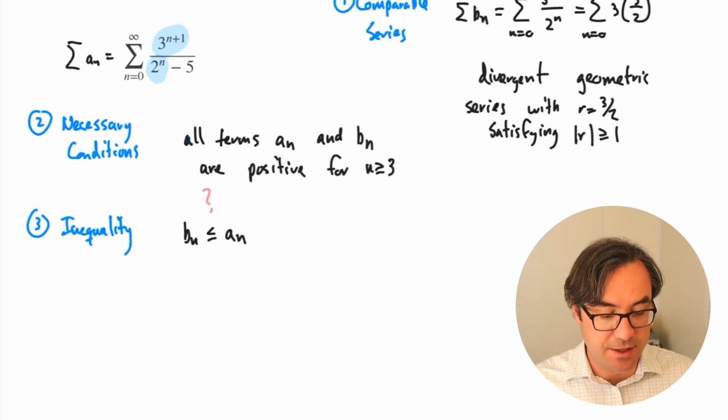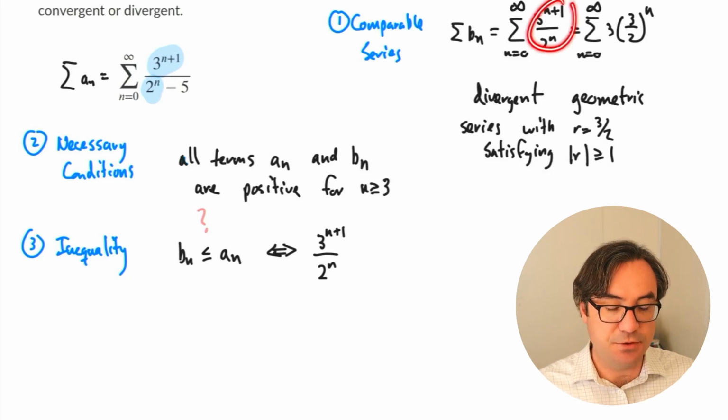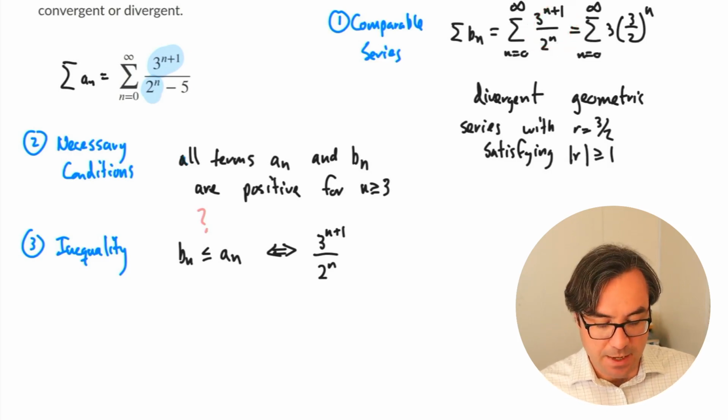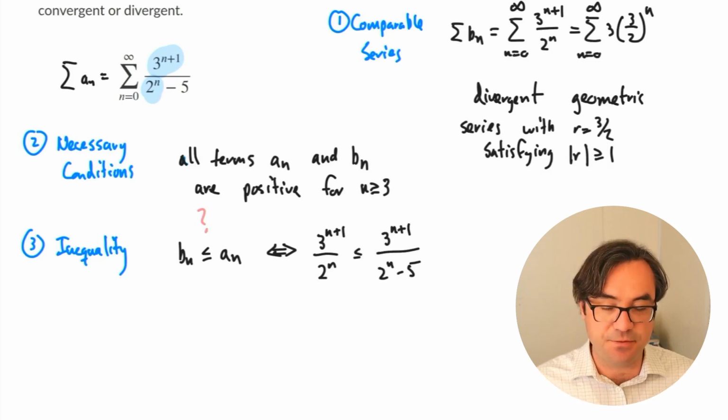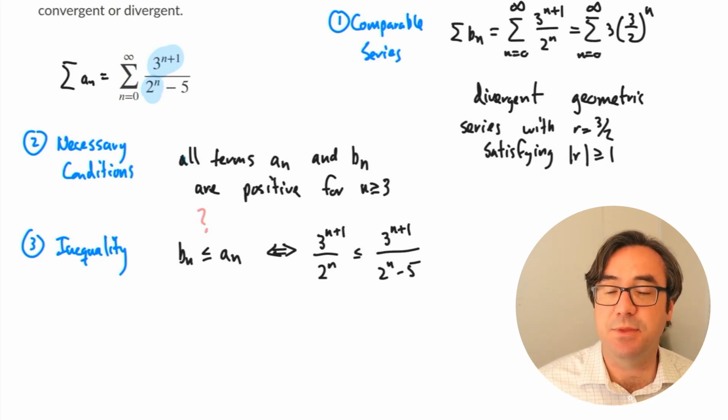So first thing, let's write out what each of the terms are. So bn is 3 to the n plus 1 over 2 to the n. And I'm using the unsimplified version there. And we want to know if this is less than or equal to 3 to the n plus 1 over 2 to the n minus 5. And we just want to simplify this down to a point where we get something that's obvious.